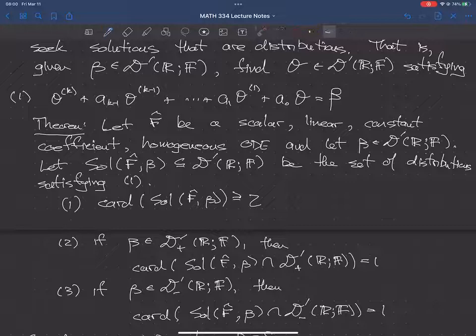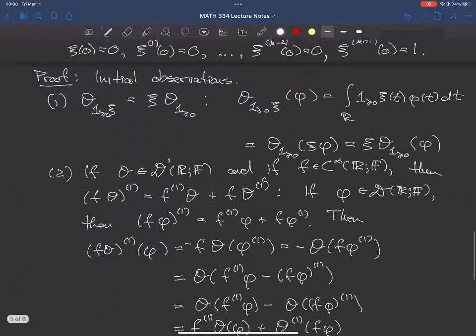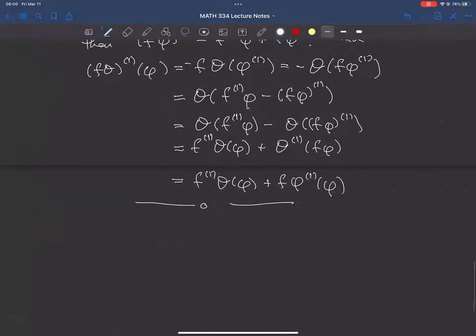Okay, so what that means is that I just need to calculate all the derivatives of my proposed solution, and so that's the first part of the proof, is just calculating derivatives and seeing what they are. All right.